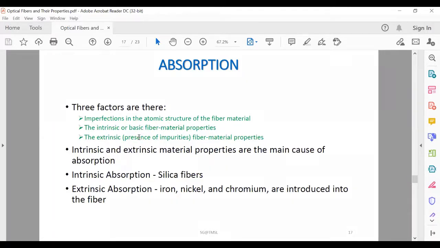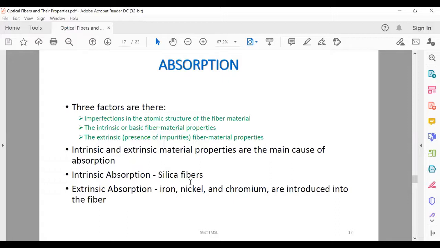Intrinsic absorption is caused by the basic fiber material properties. If an optical fiber were absolutely pure with no imperfections or impurities inside it, then all absorption would be called intrinsic, and it also represents the minimal level of absorption.